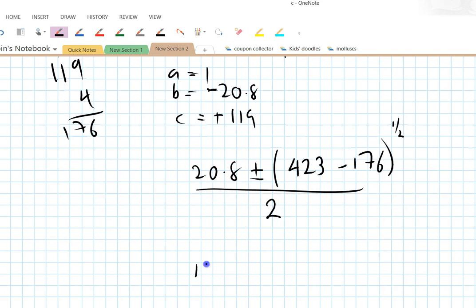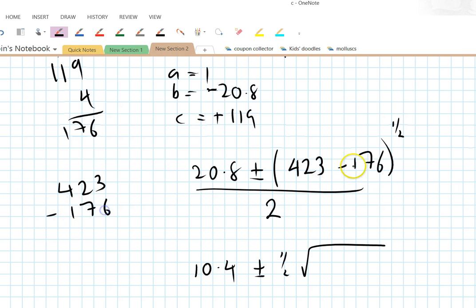That is 10.4, because that's half of 20.8, plus or minus a half square root of, what's 432 take away 476? I'm just performing this subtraction here. 247.